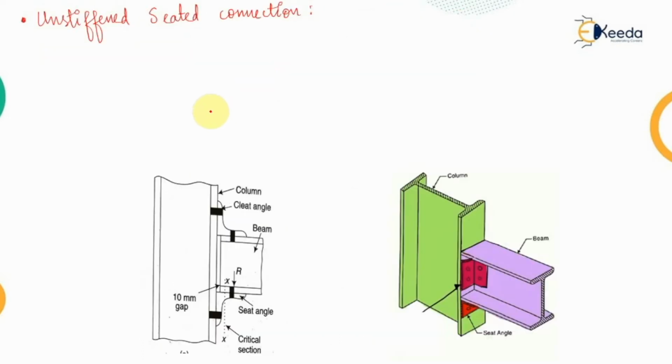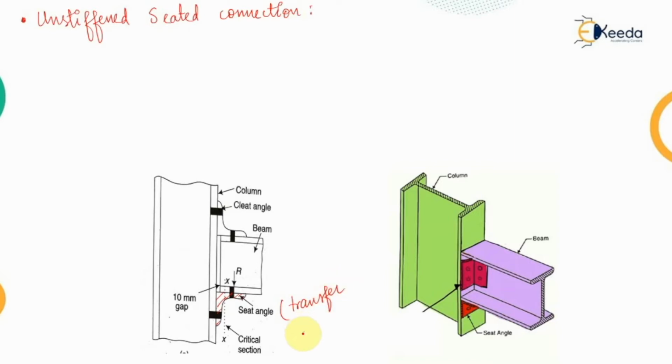So starting with the unstiffened seated connection: as we have seen, whenever there is insufficient depth of the web of the beam available to us, we will provide the angle section below the beam and a supporting angle at the top of the flange of the beam. The important angle that we need to take care of is the angle provided below the beam, because that is the angle that will be transferring the load.